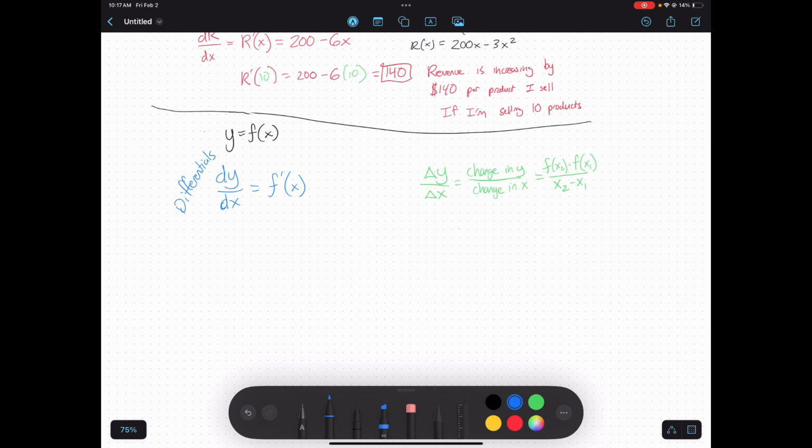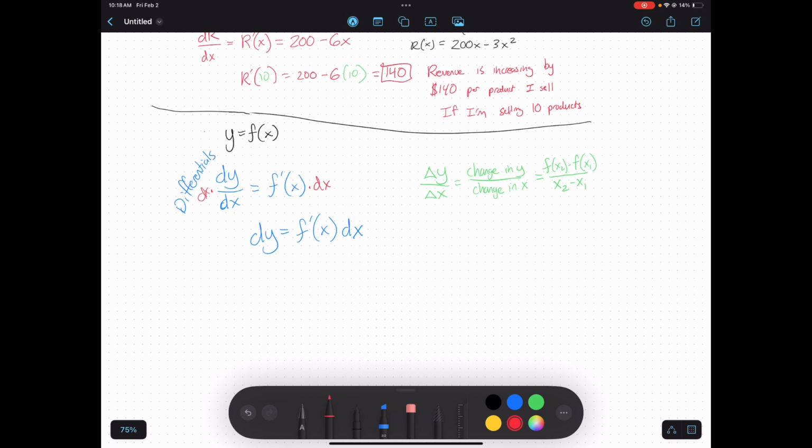Okay, and here's why. If I look at my differentials, I can move things around and rewrite this as dy is equal to f prime of x times dx. You okay with that, right? All that is just multiplying both sides by dx. So I can rewrite my differentials that way.